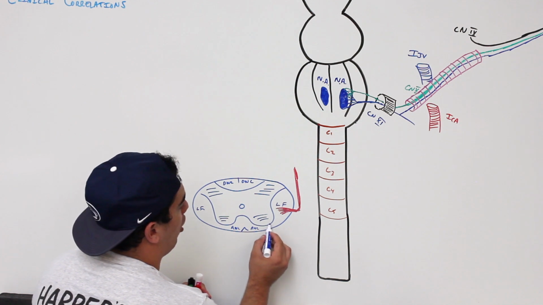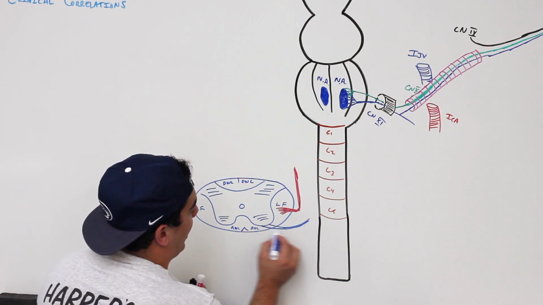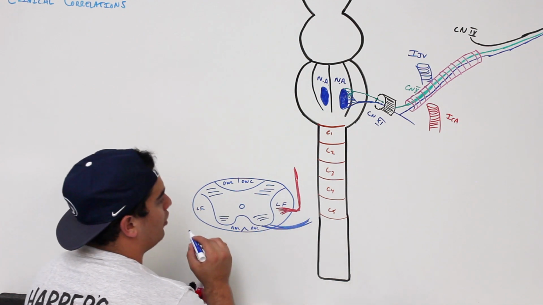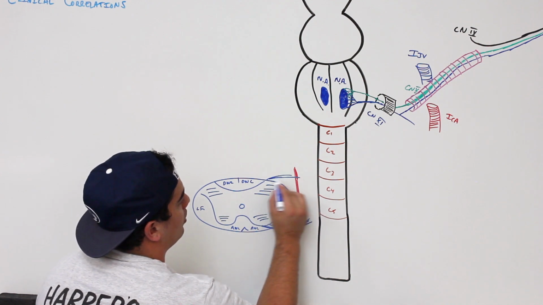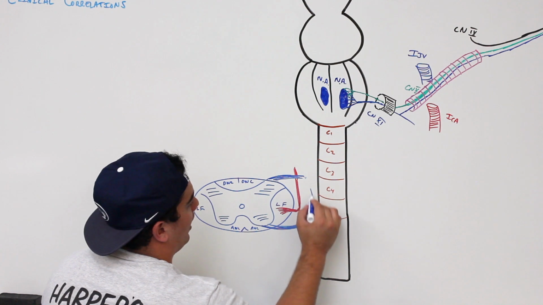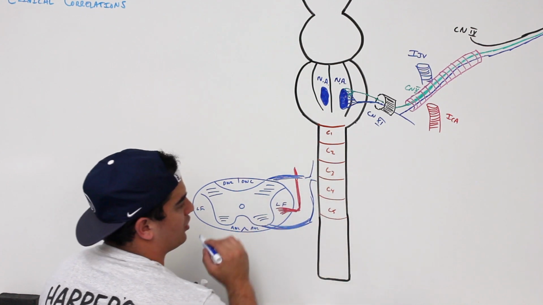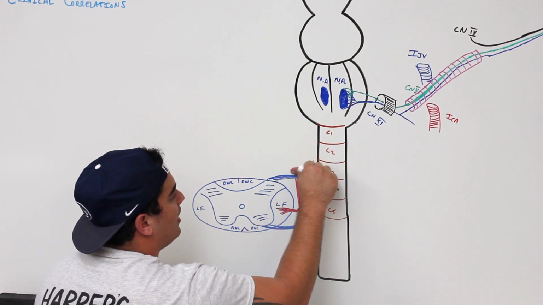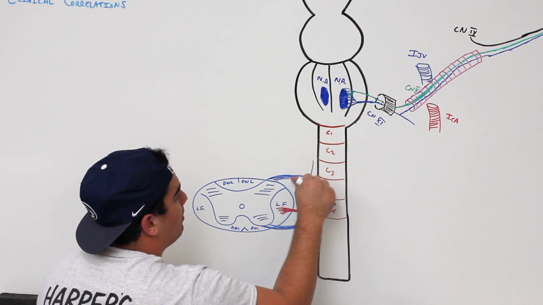Coming off of this right here, you're going to have the ventral root, then you're going to have the dorsal root here, and then these guys will come together, right? And then they'll form what's called the ventral ramus and the dorsal ramus. This lateral funiculus is moving right between these two.